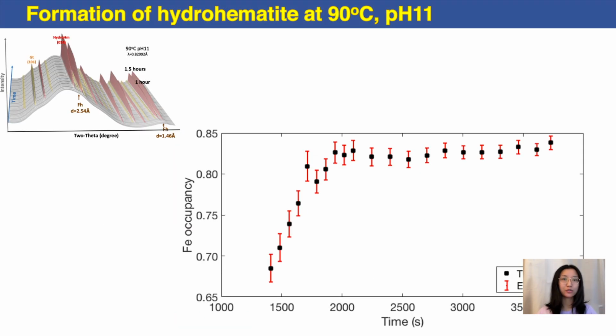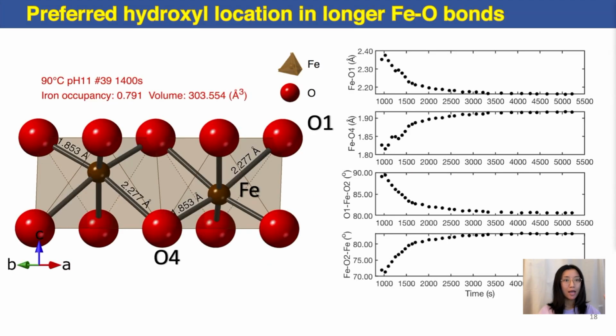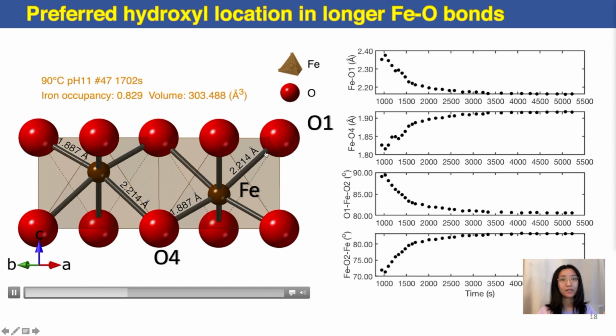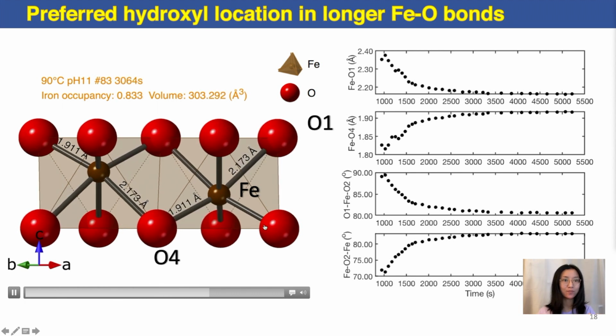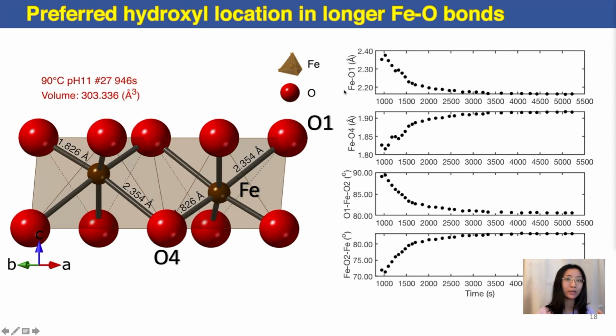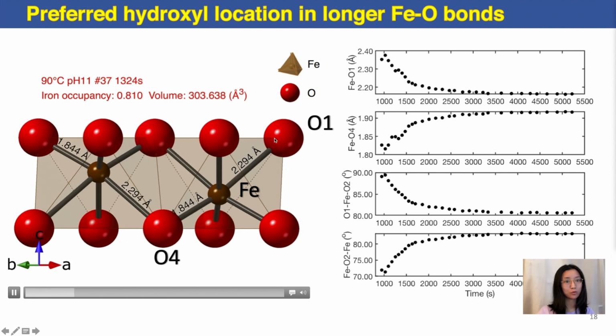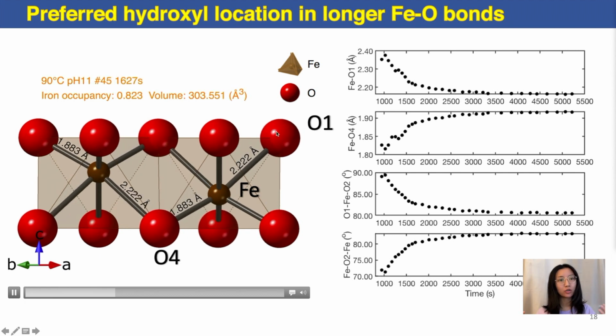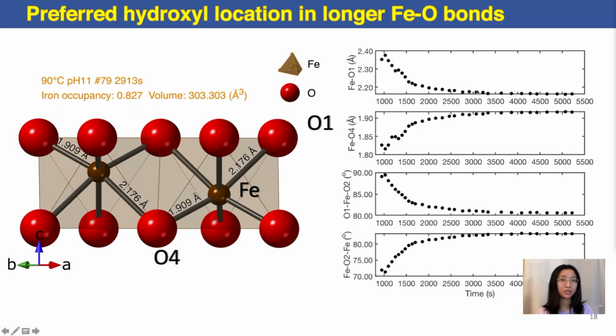As the iron concentration increased with more hydrohematite precipitated, the longer Fe-O bond shortened, and the shorter Fe-O bond expanded. The trend suggests protons prefer to bond with the O1 oxygens to form hydroxyl groups, and the deprotonation results in a shortening of the longer Fe-O octahedral bond length.